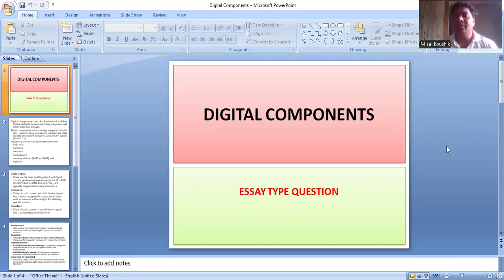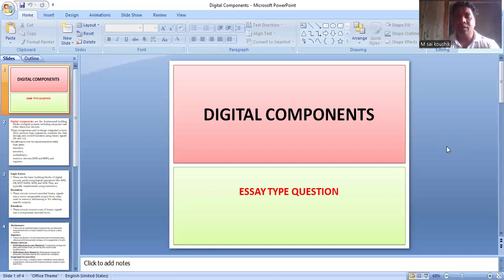In that class, we will discuss various components of the digital system, what a computer is, and what the organization of the computer is, in detail. If you have any doubts, take a small review of the topic.